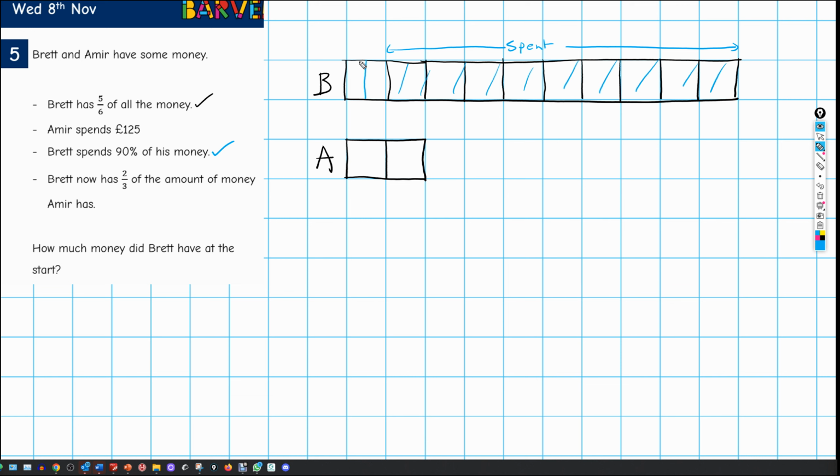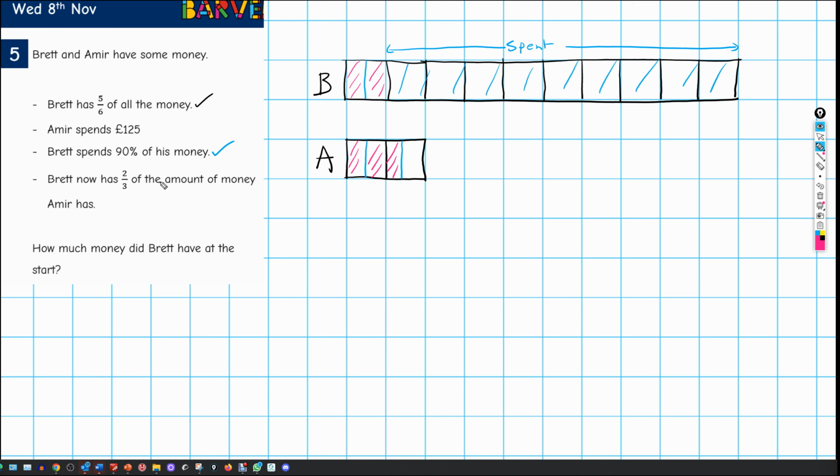Now, if this is two-thirds of what Amir has at the end, then this is the equivalent. These are the same two-thirds, and that must mean that three-thirds is up to here. So this is what Brett has at the end, and if that's what Brett has at the end, then this is what Amir has at the end.